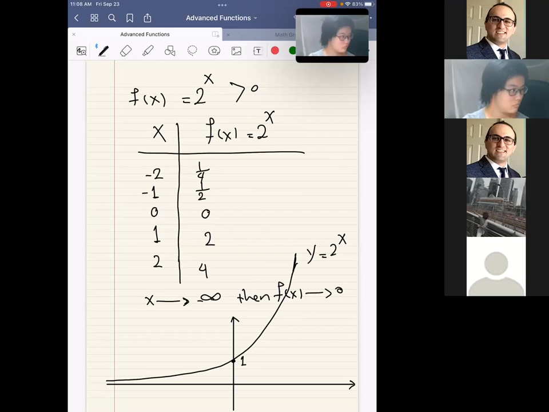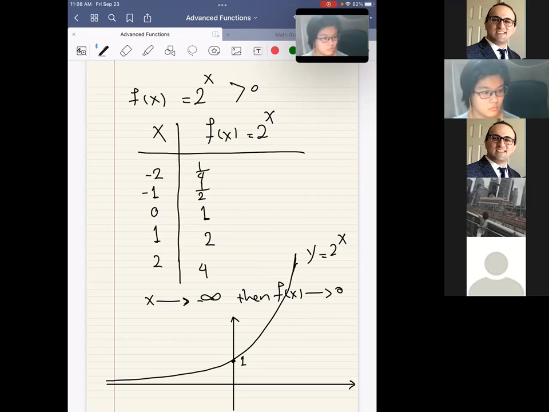Now, the value of this function at a few numbers, here you see in a table, so when x equals 0, then f of x would be, no, sorry, it's not 0, it's 1. My mistake. So 2 to the power 0 is 1, right? So any number to the power 0 is 1. 2 to the power 1 is 2, 2 squared is 4.